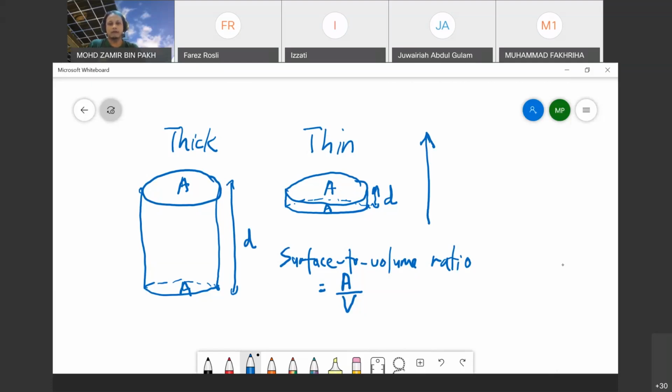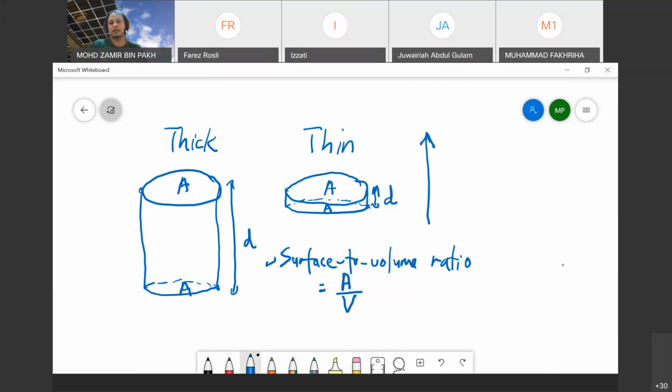You have a surface of A, but the D is very, very big for the thick diode. So A over D, or A over volume, will be very small because the D is very big. On the other hand, you have the very same A, but the D is very small. So the denominator will be very small, and as a result your surface to volume ratio will be very high.